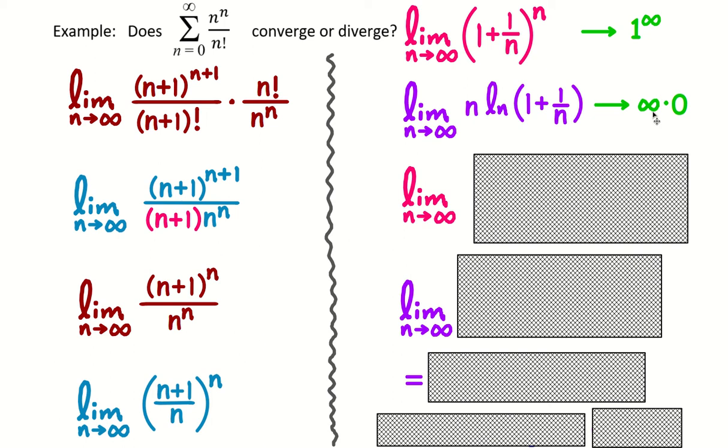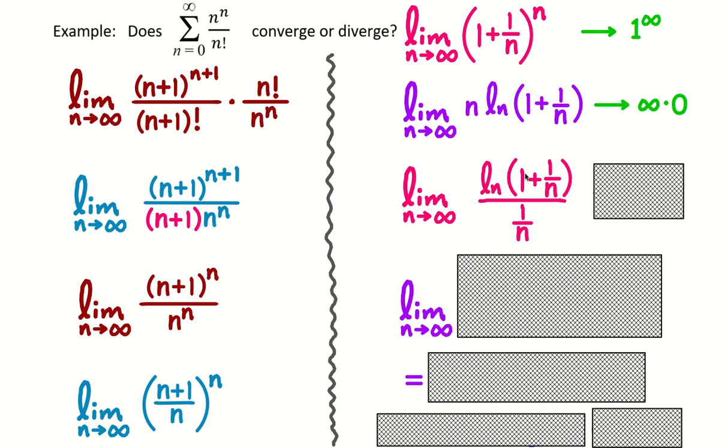Now that we have infinity times 0, can we apply L'Hopital's rule? Nope, not until we rewrite it. So instead of multiplying by n, maybe you remember this little trick, divide by 1 over n.